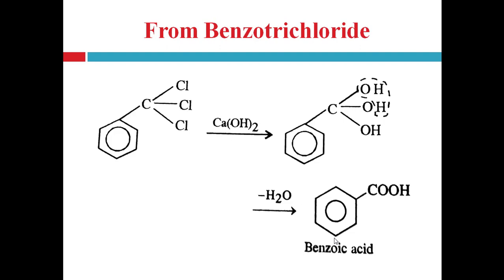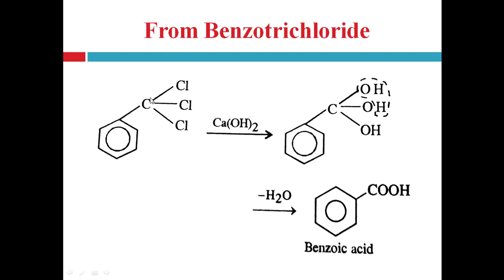Next is from benzotrichloride. Here the structure of benzotrichloride is given. A benzene ring having a carbon, and this carbon is attached to 3 chlorine atoms.